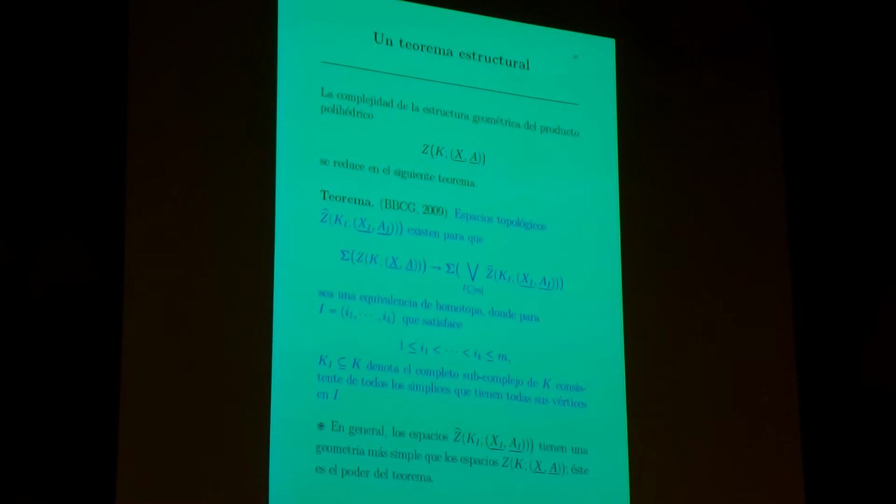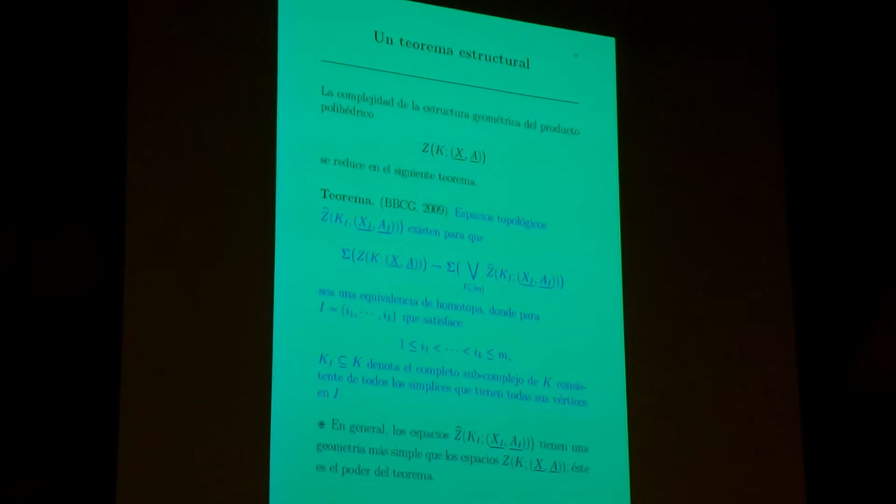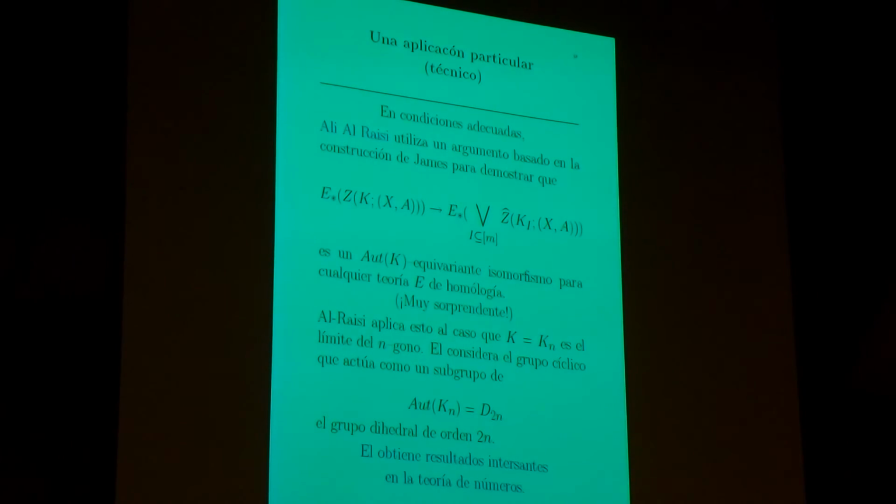And that fact leads to many applications of this theorem. So that at the bottom, I say in general, the spaces are much simpler geometrically than the original space. And that is the power of this theorem. I know it is in complicated symbols, but it says something very powerful about the geometry of this polyhedral product, which is enjoying such wide application.